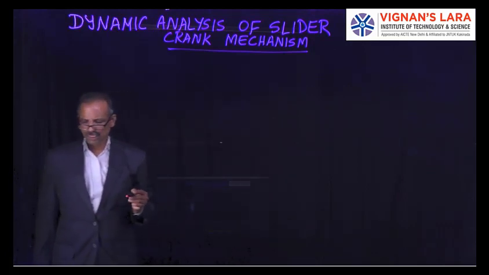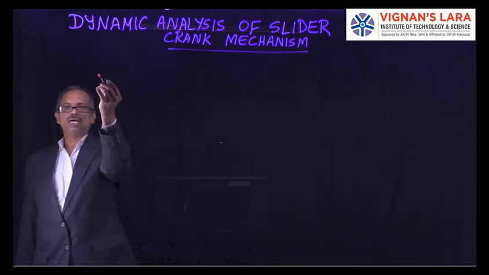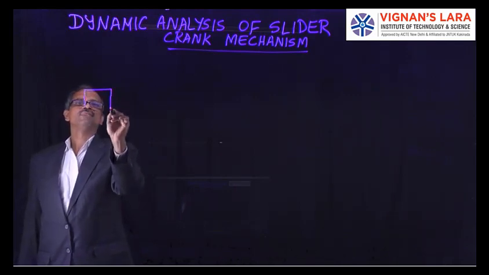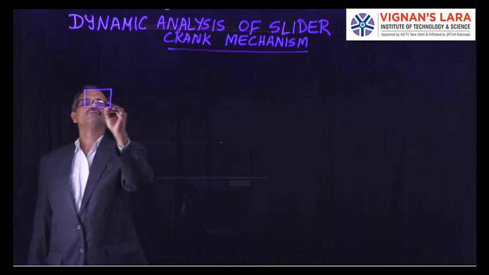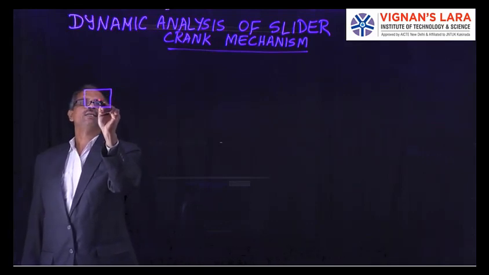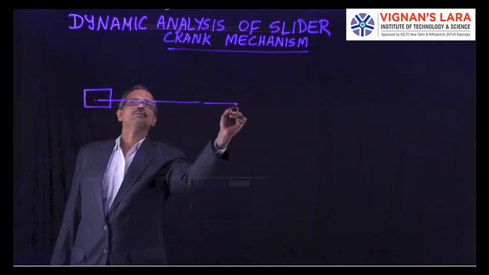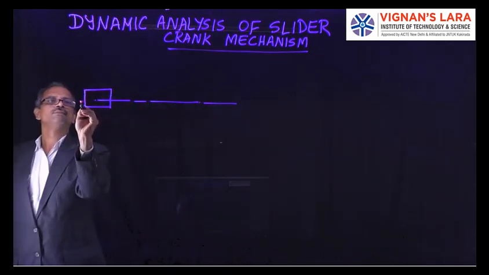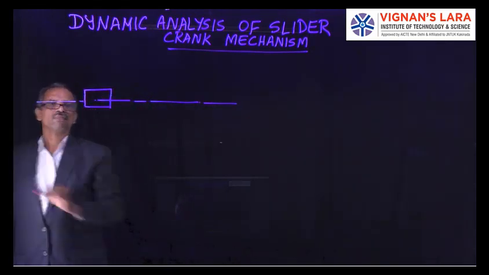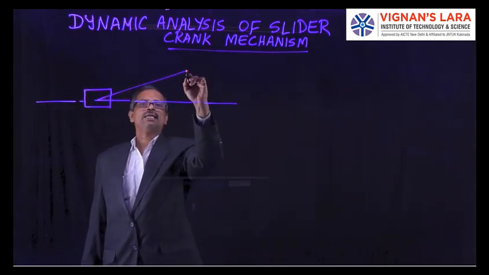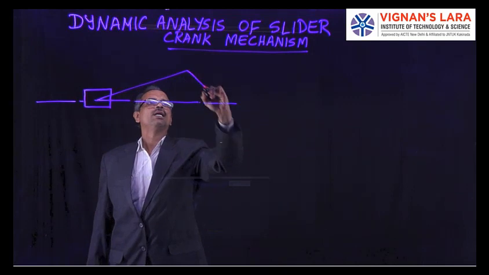Okay, so let me show the slider crank mechanism. This is a slider and this is the line of action. And this is the connecting rod and this is the crank.